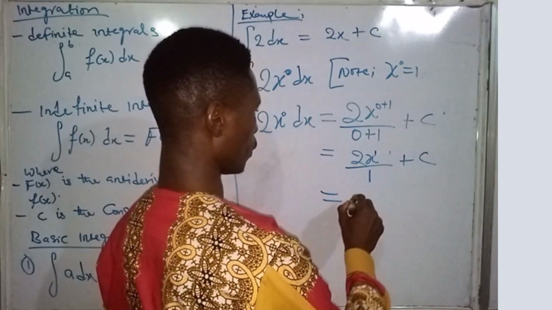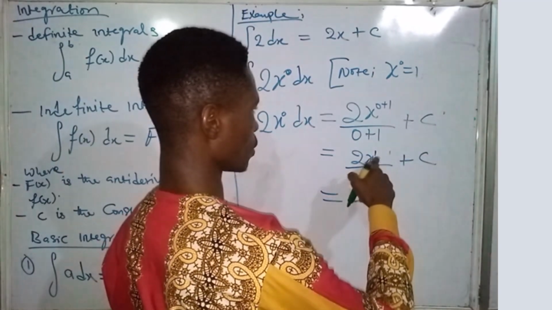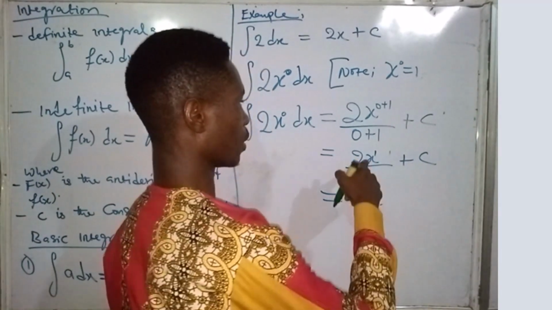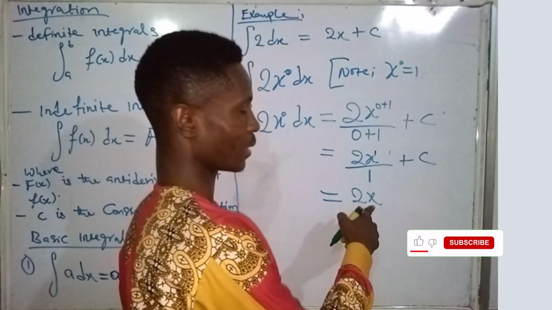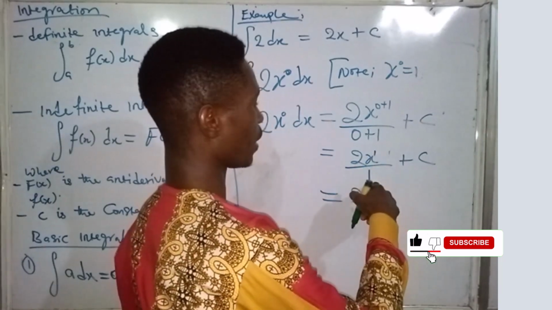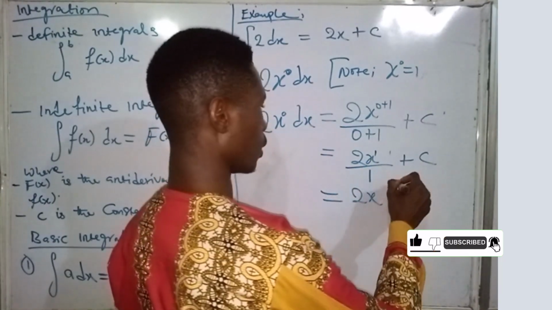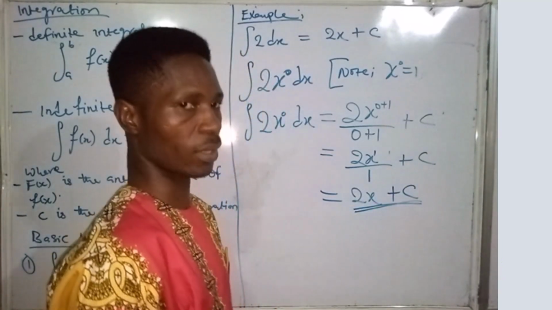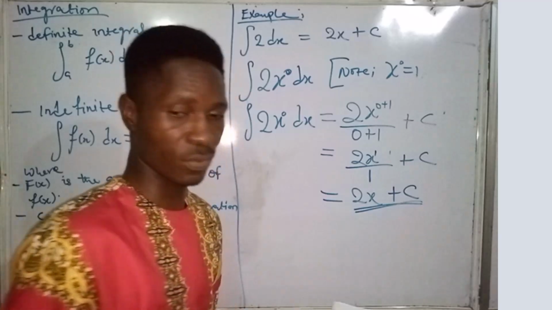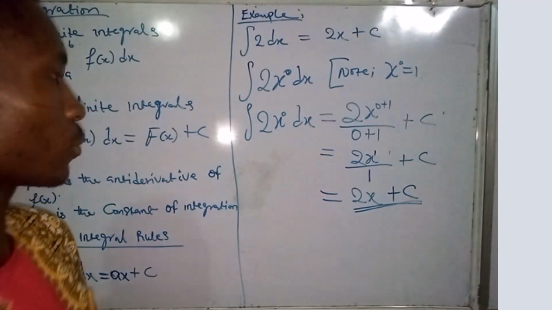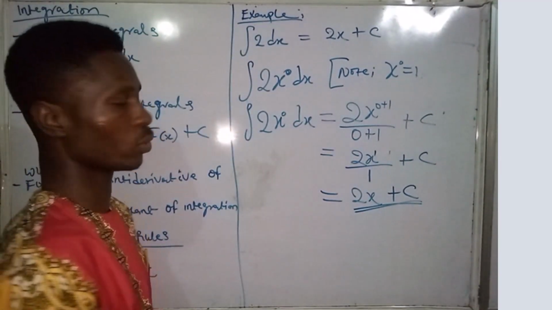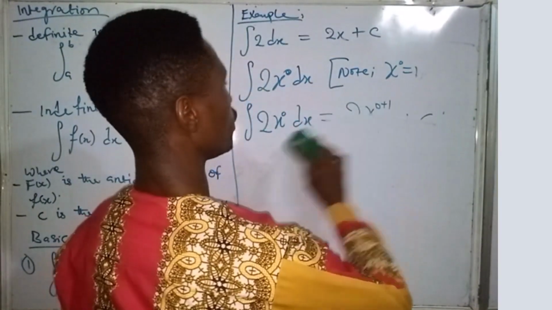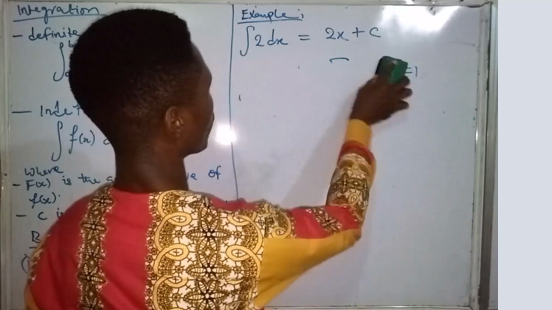So this should leave us with 2x, because power 1 is the same thing as a normal x, and anything divided by 1 is still the same thing. So we add our c, and that is the answer. Straightforward. For rule number 2, you can always pause the video or replay.